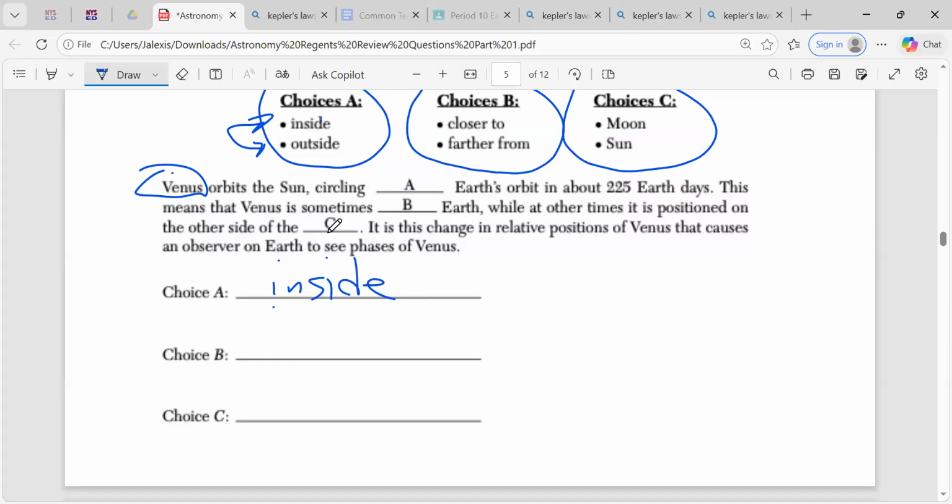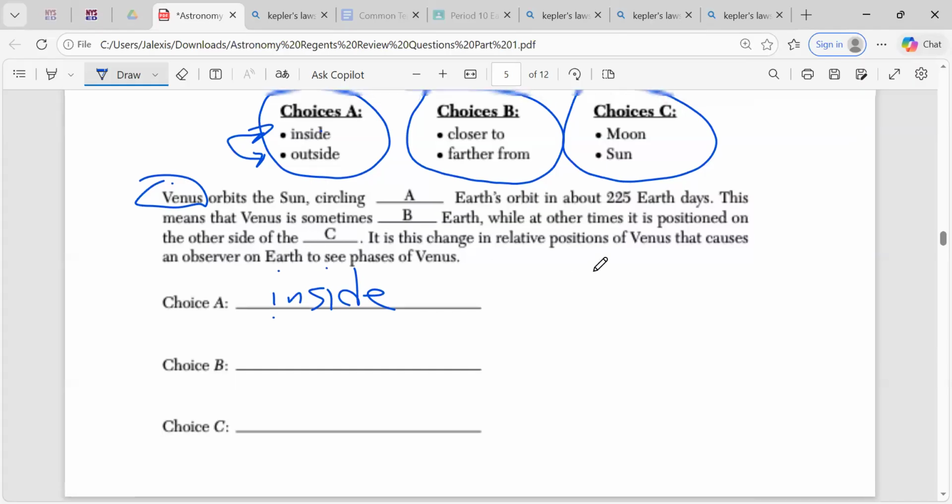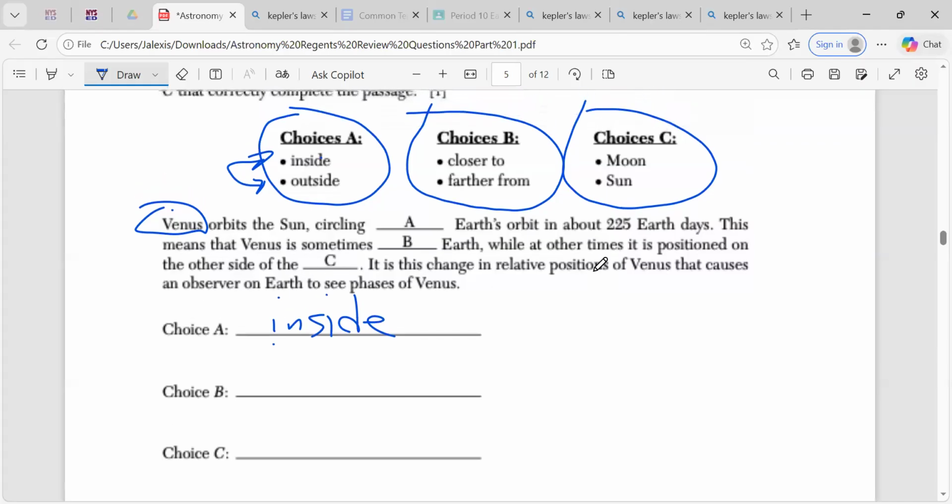All right, closer to or farther from Earth.